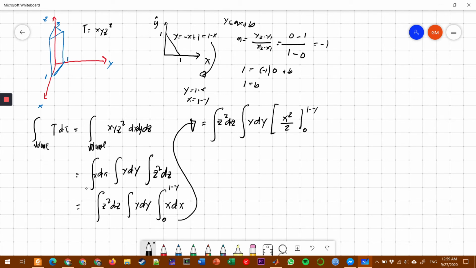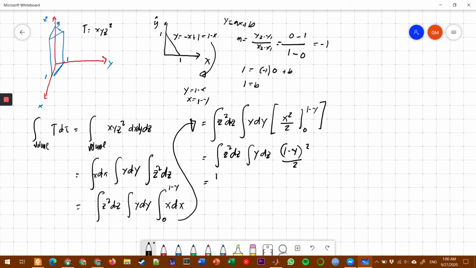The reason why we use this evaluation point is that the result can be used in the next step, which is in terms of y. Okay, so let's evaluate that one. So that will actually become 1 minus y squared over 2, right?